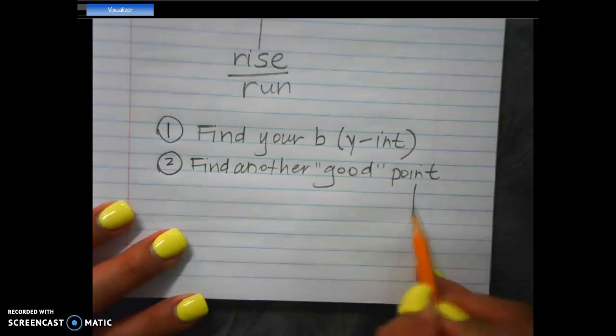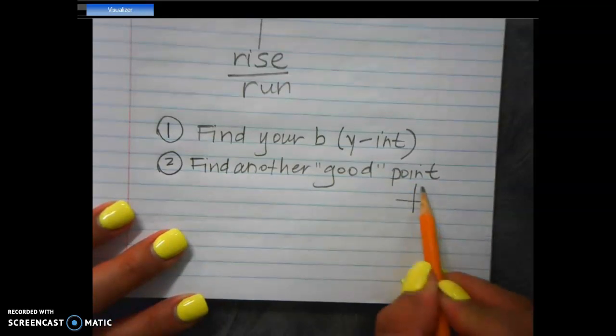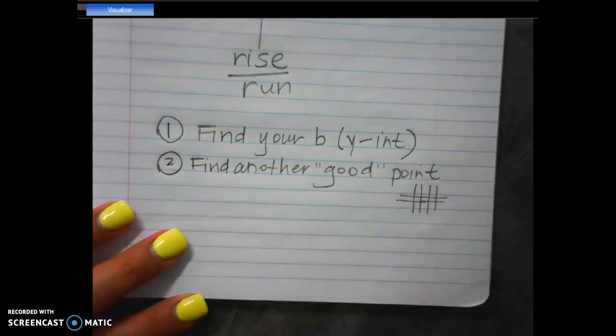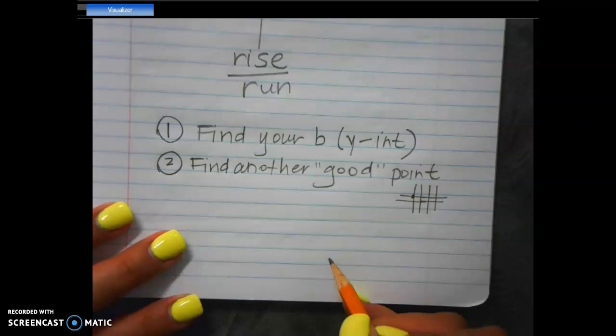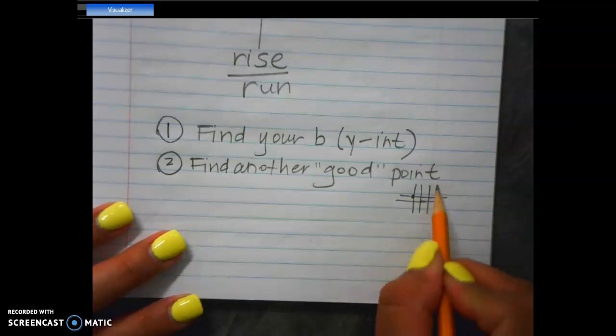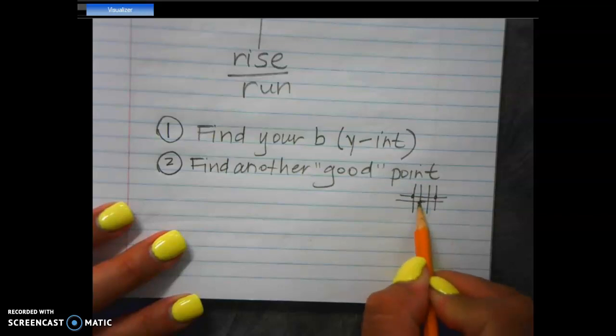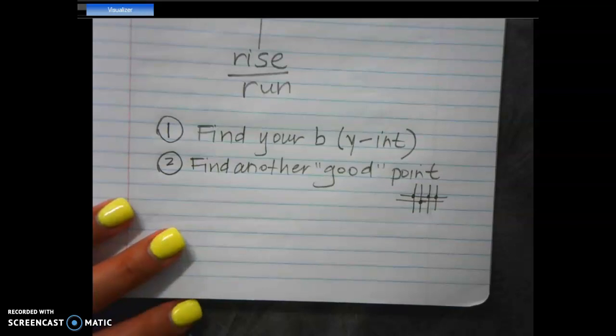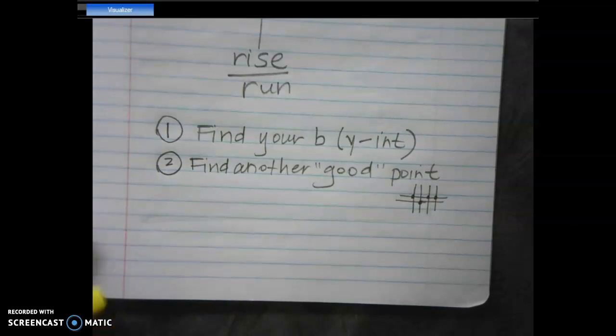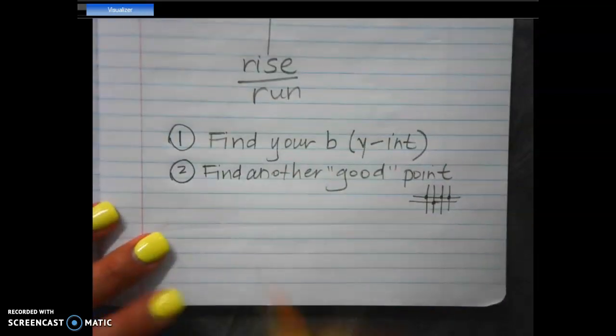So if I have those grid lines in the back, everywhere those grid lines make a perfect T is a good point. So if you notice here where those lines are meeting, that's a good point. Good point. Good point. Everywhere those lines intersect and make a perfect T is what we call a good point.